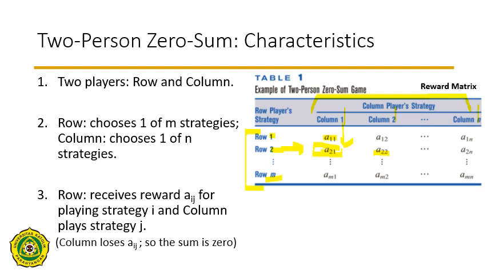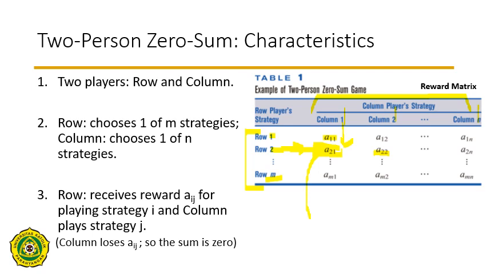Okay, so for the column player, you may interpret this value as follows. A21 means that the column player loses as much as A21. So A21 is the reward that the row player receives, but you can also think of A21 as the loss that the column player experiences.